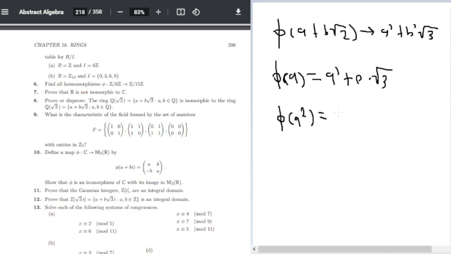So (a prime plus b prime square root of 3) squared equals a prime squared plus 3 b prime squared plus 2 a prime b prime square root of 3.